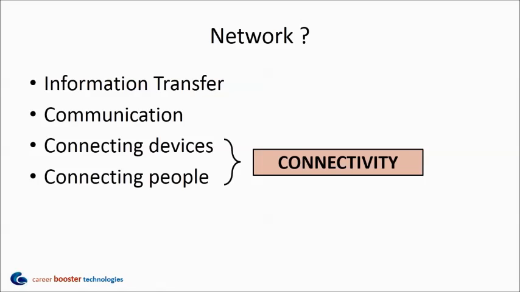To set the focus right for this course, I am going to discuss all the technologies which can make any device in the world that is capable of being on the network, capable of connecting to the internet, connected to any other device, virtually irrespective of geographical place. So this whole course talks about connectivity, connectivity, connectivity.